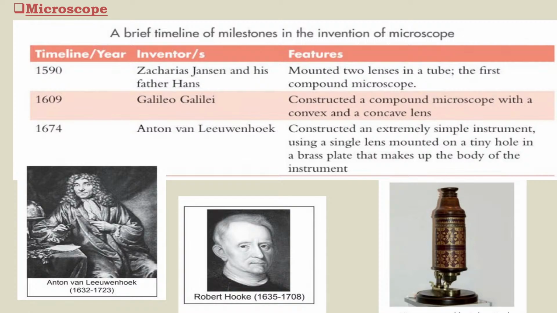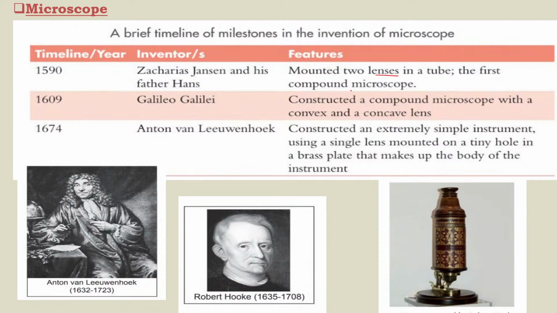That is the invention of the microscope. Let us learn about it. With the invention of the microscope, it was possible for the microscopic world to be observed by great scientists. In 1590, Zacharias Janssen and his father Hans used a microscope made up of two lenses in a tube.